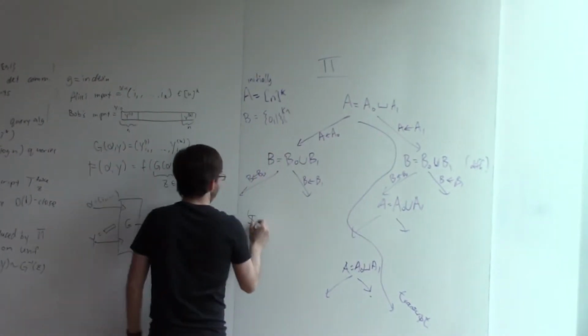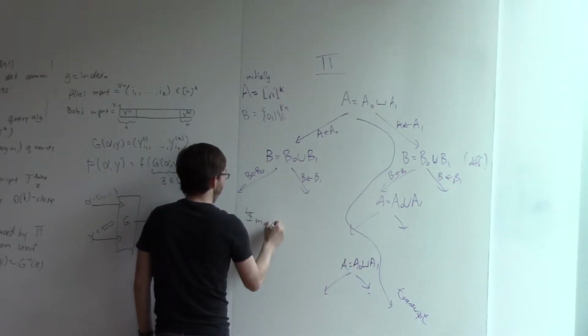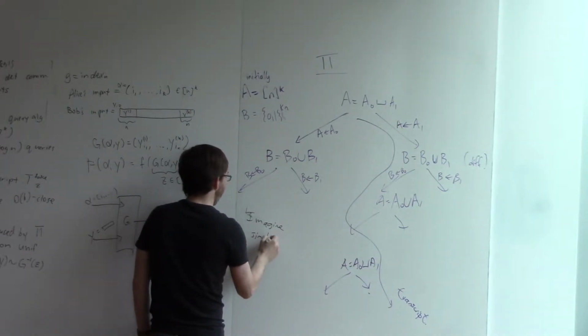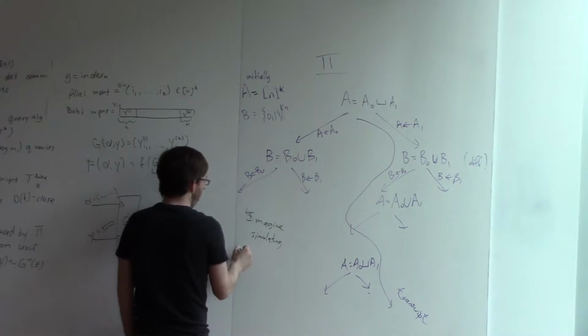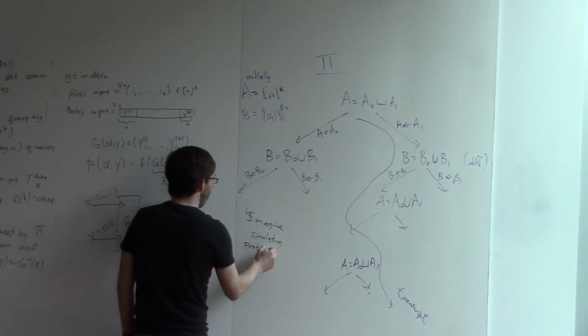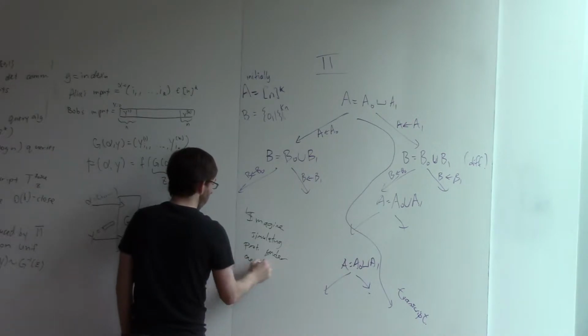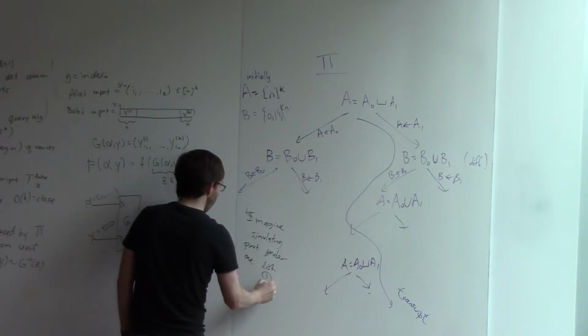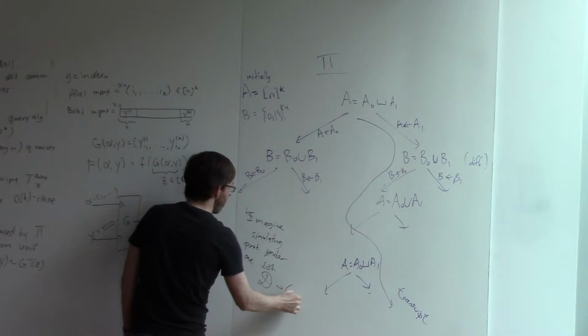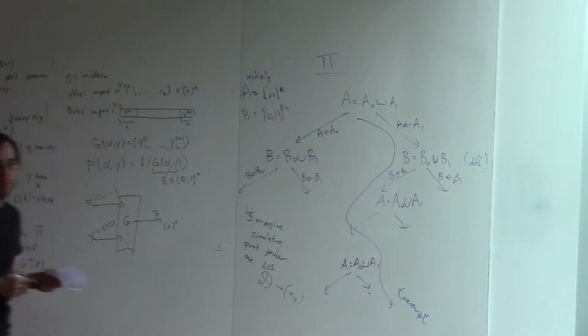Let's imagine simulating this protocol under input drawn from one distribution, D, which generates a pair, alpha, which is an input for Alice, and Y, which is an input for Bob.